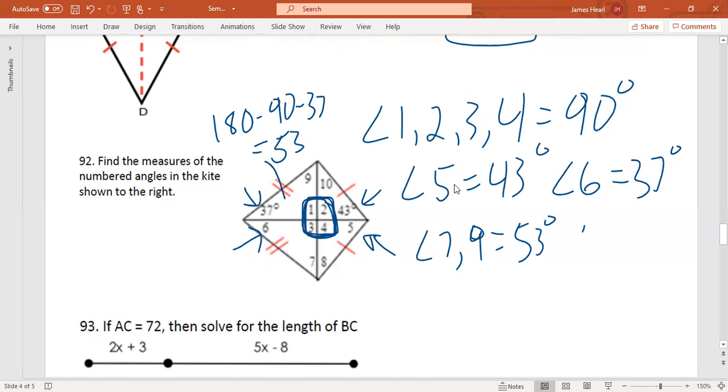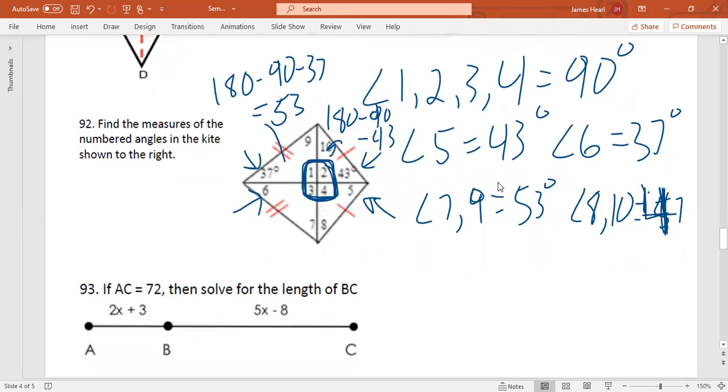So same logic, whatever we get for 8 and 10 has to be the same. We're going to do the same exact work. In this triangle here, we have 180 minus the 90 minus the 43, and that leaves me 47 degrees for 8 and 10.